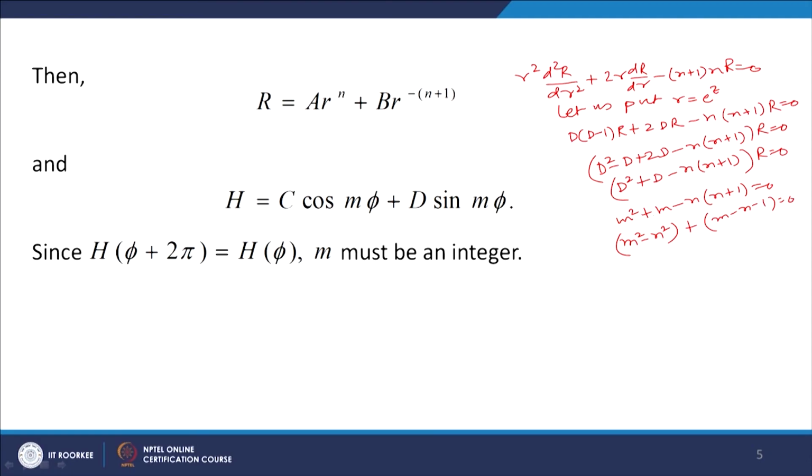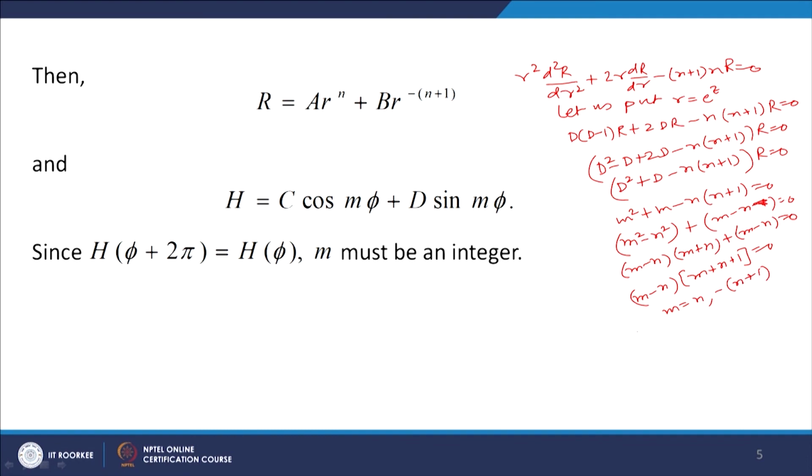Now, m² - n² is (m - n)(m + n), and we have m - n here. So, taking m - n common, we get (m - n)(m + n + 1). Okay. So, there are two roots of the auxiliary equation, m equal to n and -(n + 1).